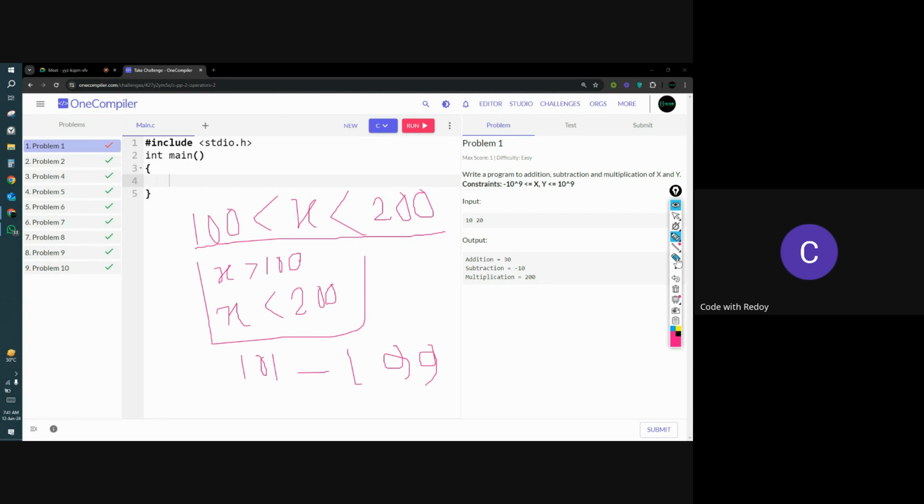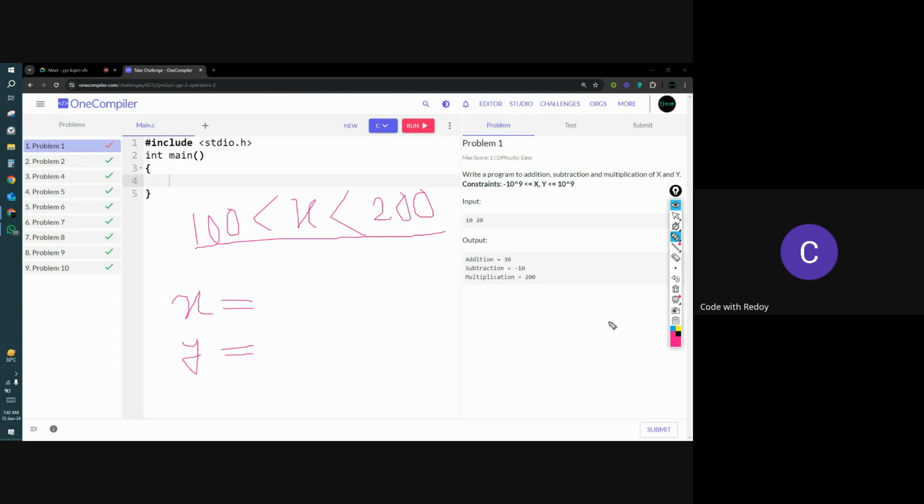Now you are going to ask your friend for two numbers. Your friend can tell two numbers: one number for the x variable and one number for the y variable. But the range for x and y will be the same. The values of x and y can be from 100 to 200.